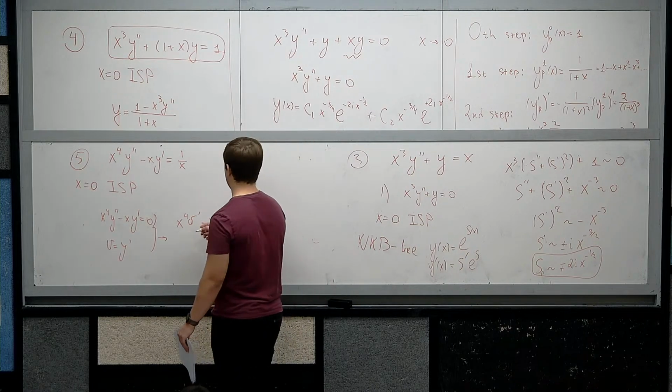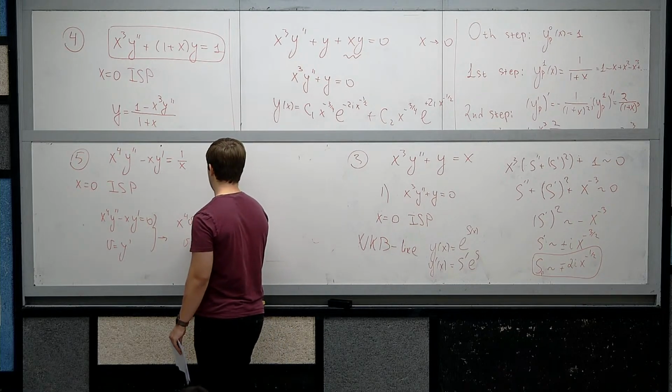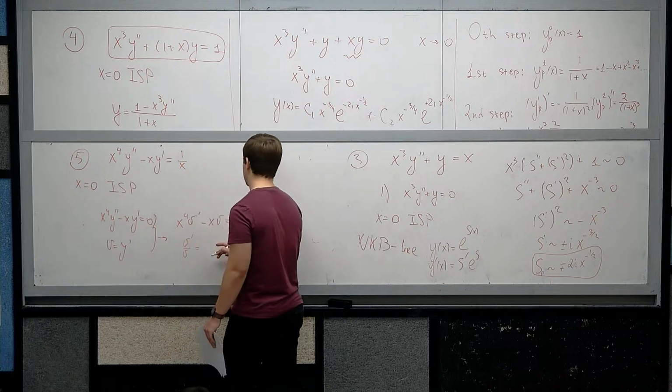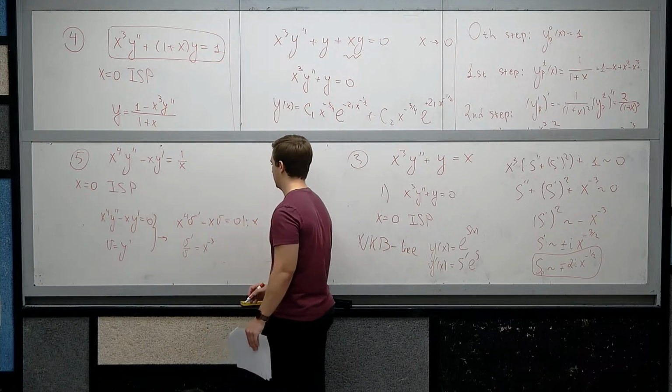If we divide both sides by x, we can get v prime over v equals x to the minus 3.